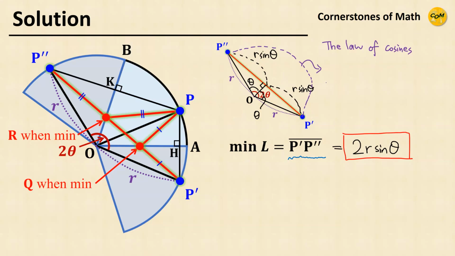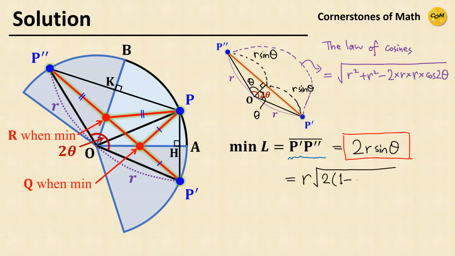Or you can use the law of cosines, which gives this length as square root of r squared plus r squared minus 2 times r squared times cosine 2 theta, which gives length P'P'' as r times square root of 2 times 1 minus cosine 2 theta.